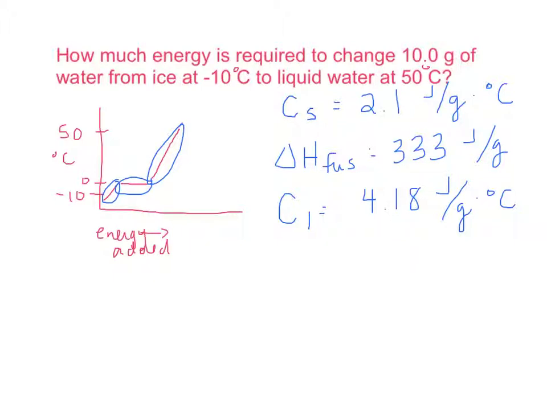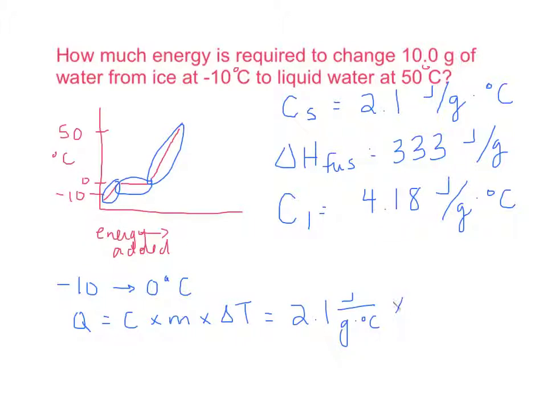So let's start with our first region, from negative 10 degrees to 0 degrees Celsius. In that region, we're going to be using our specific heat. Remember, the equation for using specific heat is Q equals C times M times delta T. So this is going to be equal to 2.1 joules per gram times degrees Celsius, times the mass, that's up here in the problem, 10 grams, times the change in temperature.